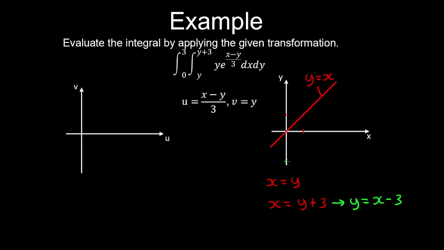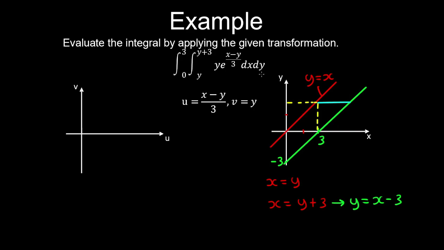So we have a y-intercept of negative 3 and the same slope as the other line. And then we're integrating from y equals 0 to y equals 3. So our parallelogram is the region of integration.